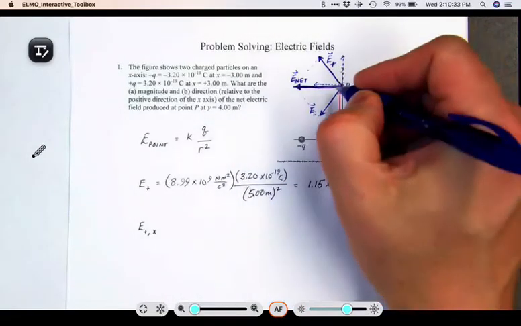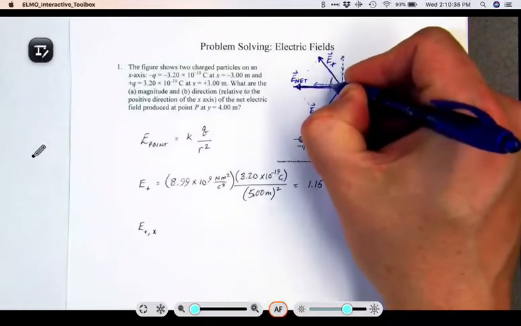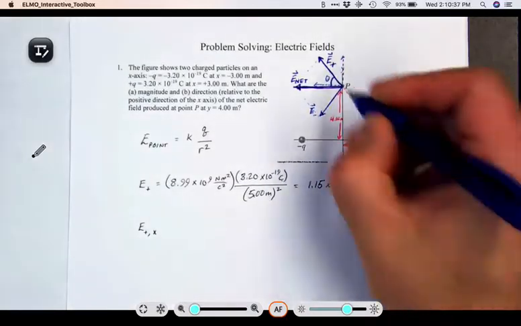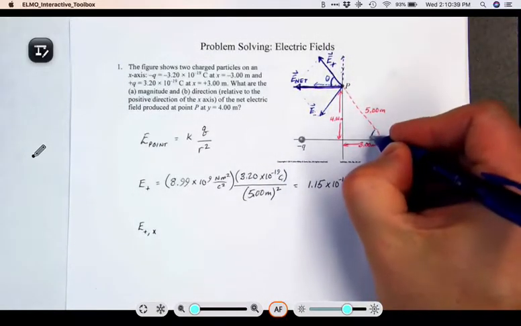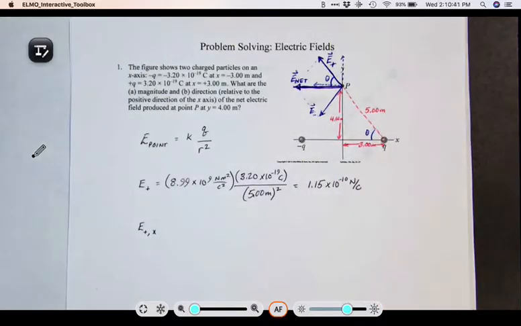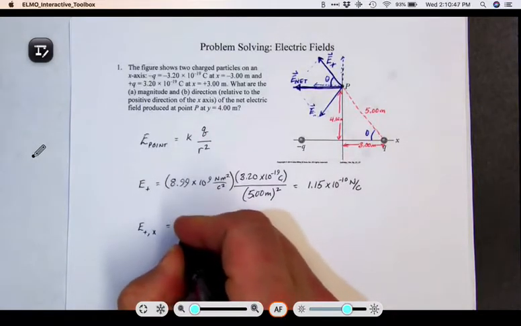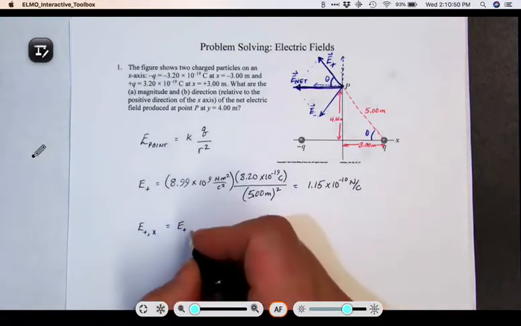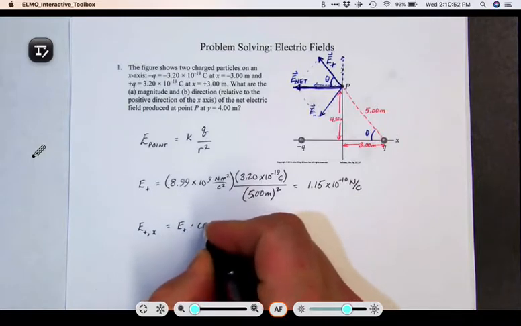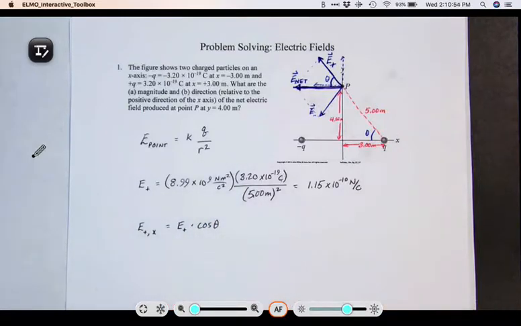So to figure out the x component of anything, you need to know what this angle is right here, but that's the same angle that I have back here. And I need the cosine of it. So the x component is going to be the overall electric field from the positive charge times the cosine of whatever that angle is. Well, let's work out what that cosine is.